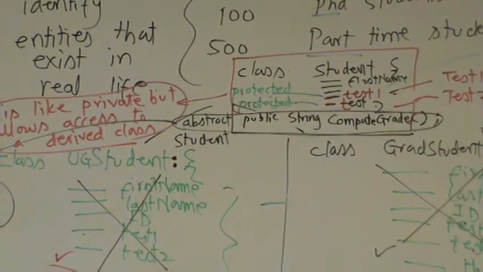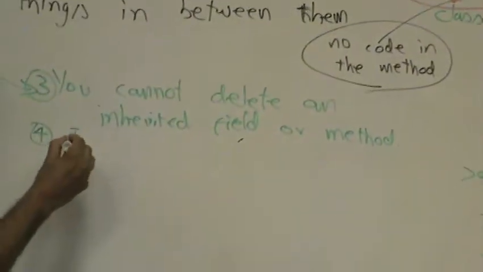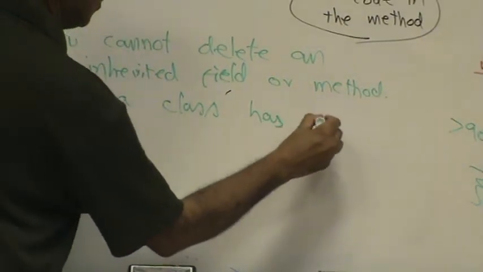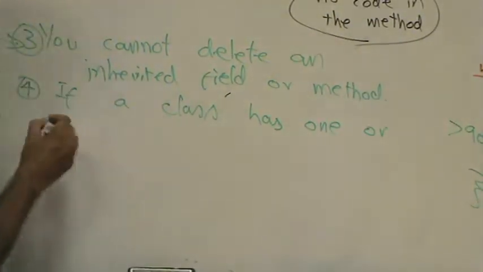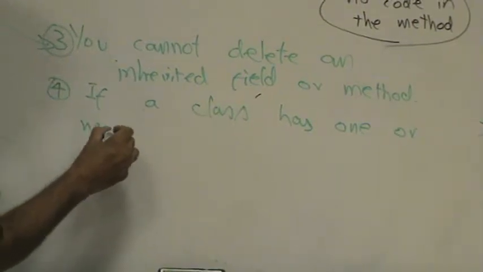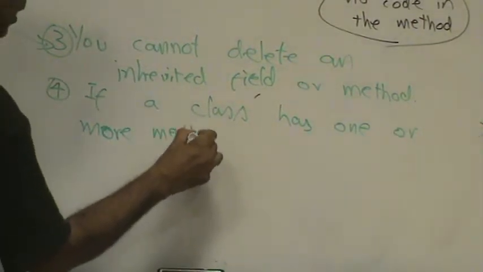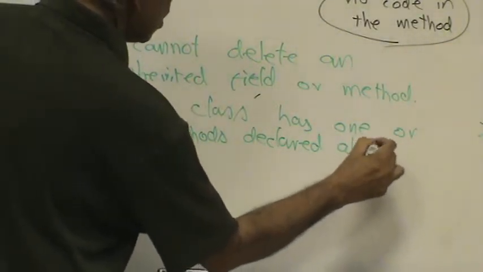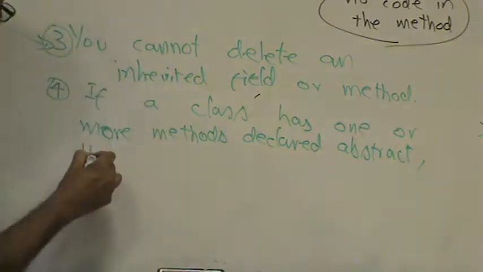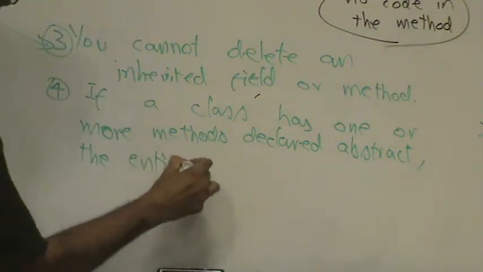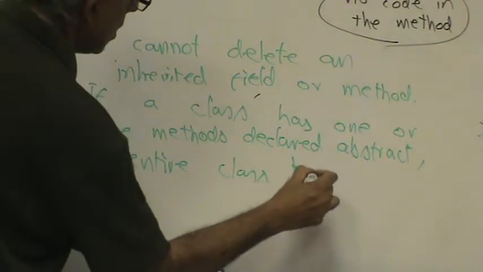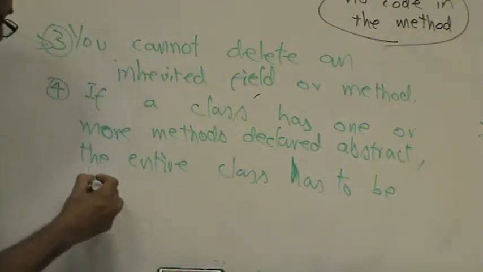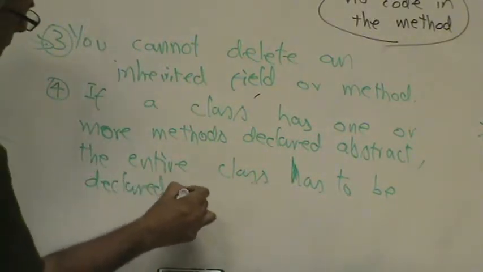Rule number 4: if a class has one or more methods declared abstract, the entire class has to be declared abstract.